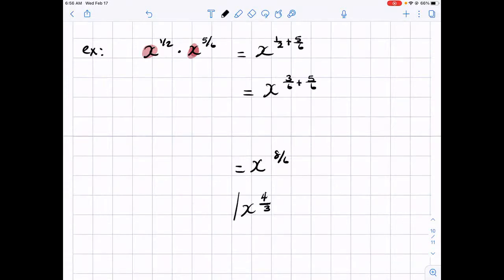So the rules are the same when you add, multiply, divide, or distribute.